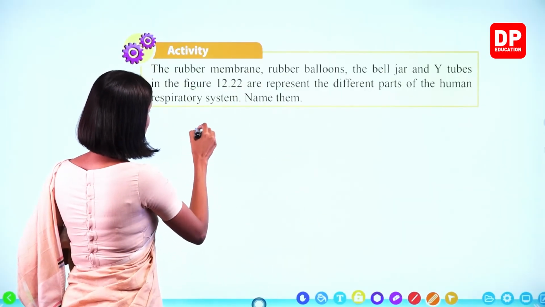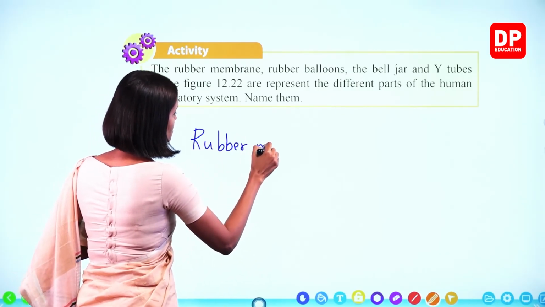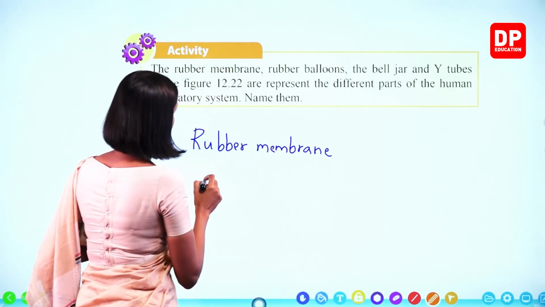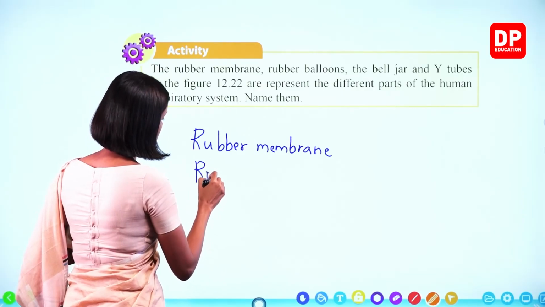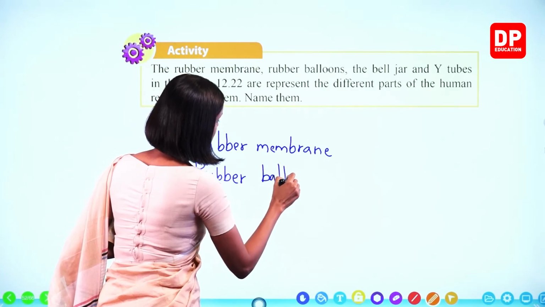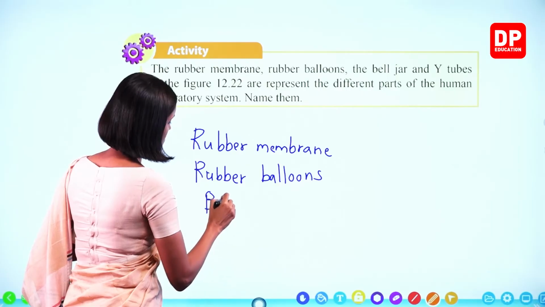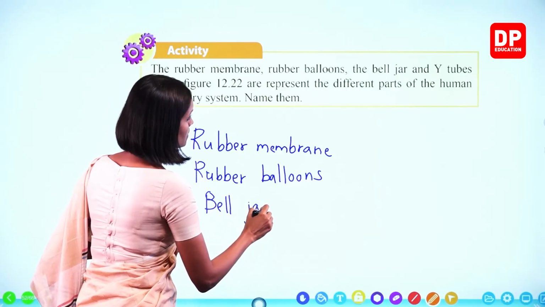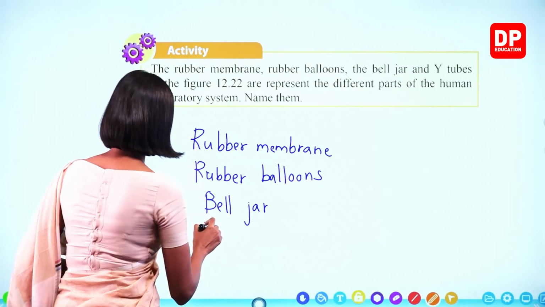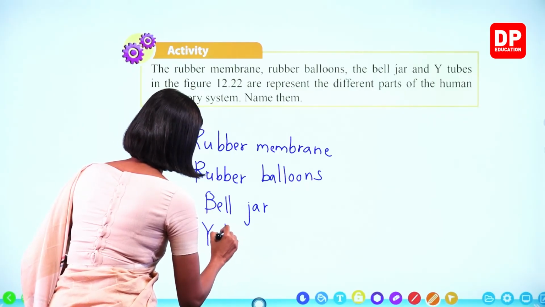Let's write the rubber membrane, rubber balloons, bell jar, and Y tube.